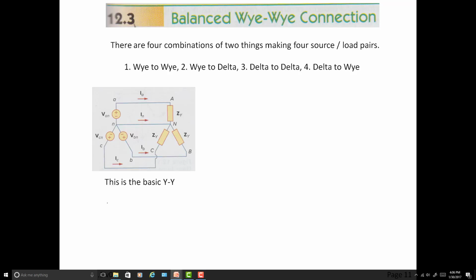So let's look at that. From the text, I actually took his figures out of order because I think it makes more sense. The basic YY configuration is just pretty obvious looking. You've got sources on the left, and you're going to match them with a load on the right.